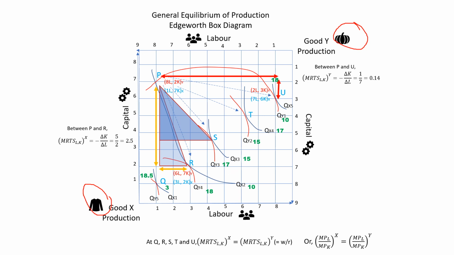The other possibility is that we move from point P to point T. In this case, there's an even greater amount of transfer of labor to the production of clothing, and there's an even smaller amount of transfer of capital to food.